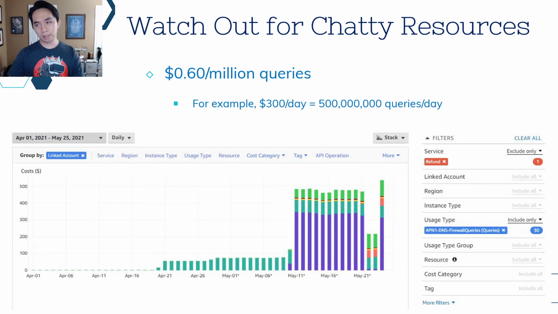Keep in mind, DNS firewall doesn't take a break during the weekend. If it's the whole week that you haven't looked at it, it's 7 days, and 7 days is like $2,100 gone already. AWS will probably refund that money for you, but you don't want to go through the hassle.